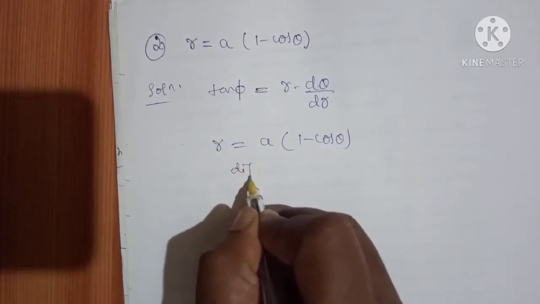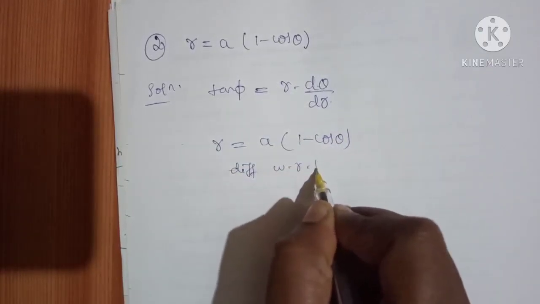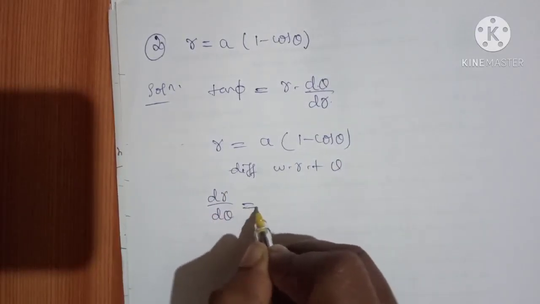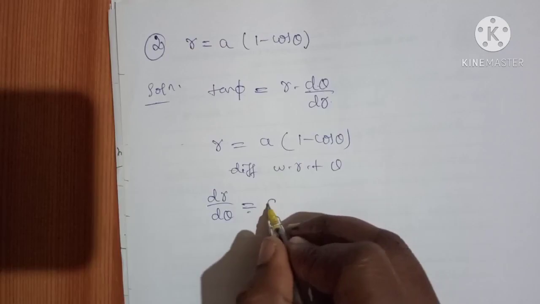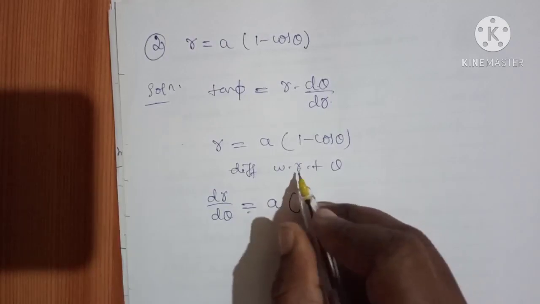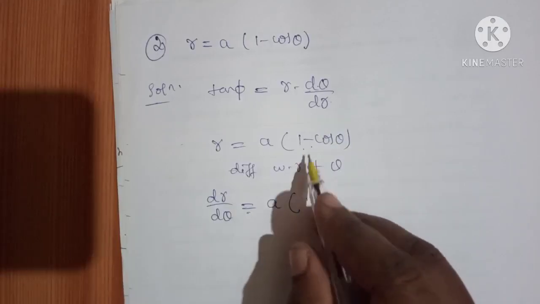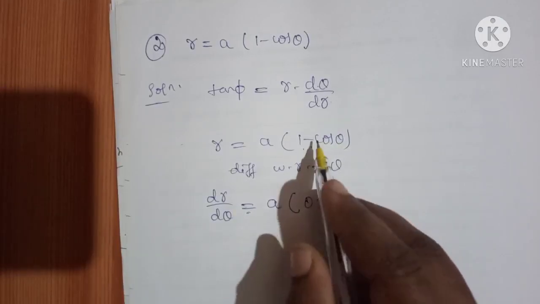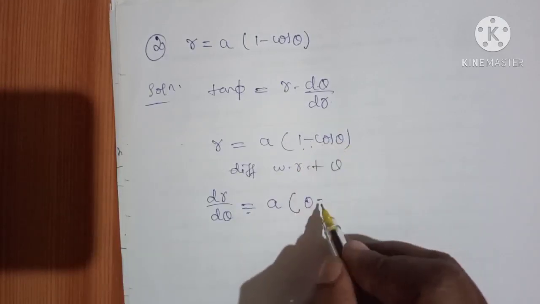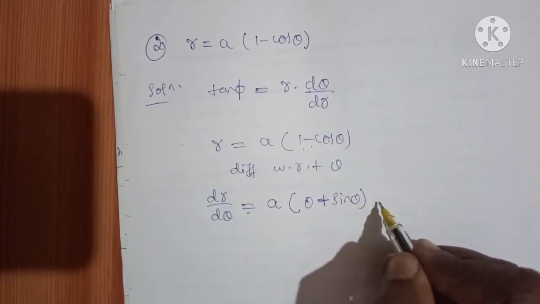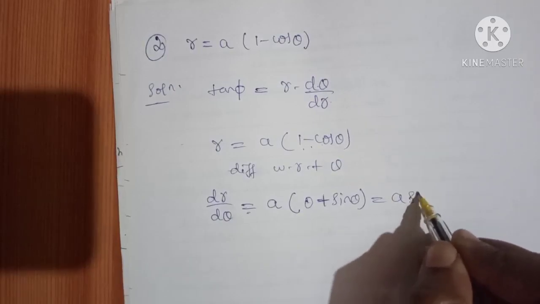Differentiating with respect to theta, we get dr by d theta, which is equal to a, constant 1 differentiation is 0, minus as it is, cos theta differentiation is minus sin theta, therefore minus into minus is plus sin theta. So that is a sin theta.